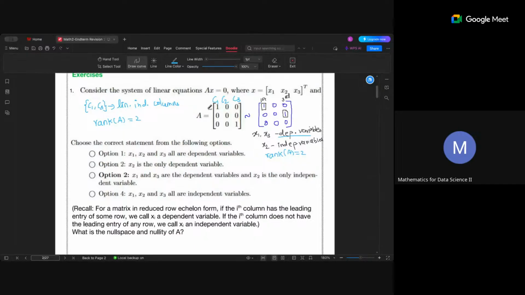Okay, so it is not very clear, because sometimes we are doing column operations also, right? If you are doing column operations and column interchanging, then it is not straightforward which column of the original matrix corresponds to the dependent variable in the RREF. But you can say that the number of columns corresponds to the number of dependent variables.